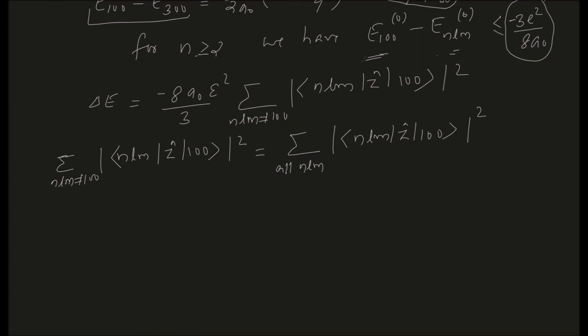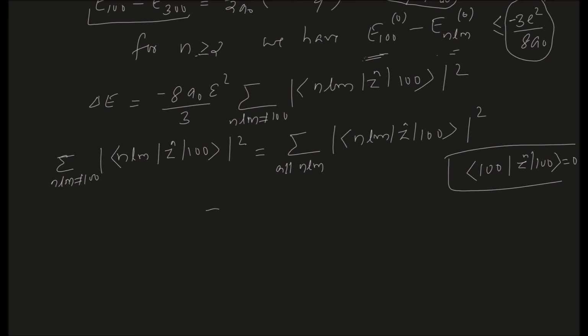This can be done because we have seen previously that this integral ⟨100|z|100⟩ is 0 because of the odd parity of the system. So this is 0.